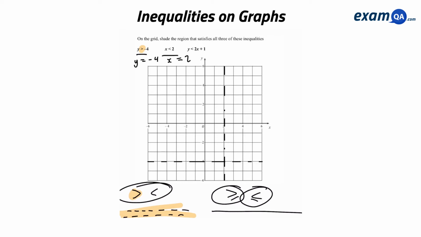And we've got our final inequality, which looks complicated, but we're just going to pretend that it said y equals 2x plus 1. If it said y equals 2x plus 1, would you know how to solve that? Now, there's two ways. You have the long way or the quick way. The long way would be to draw out a table and plot some points.